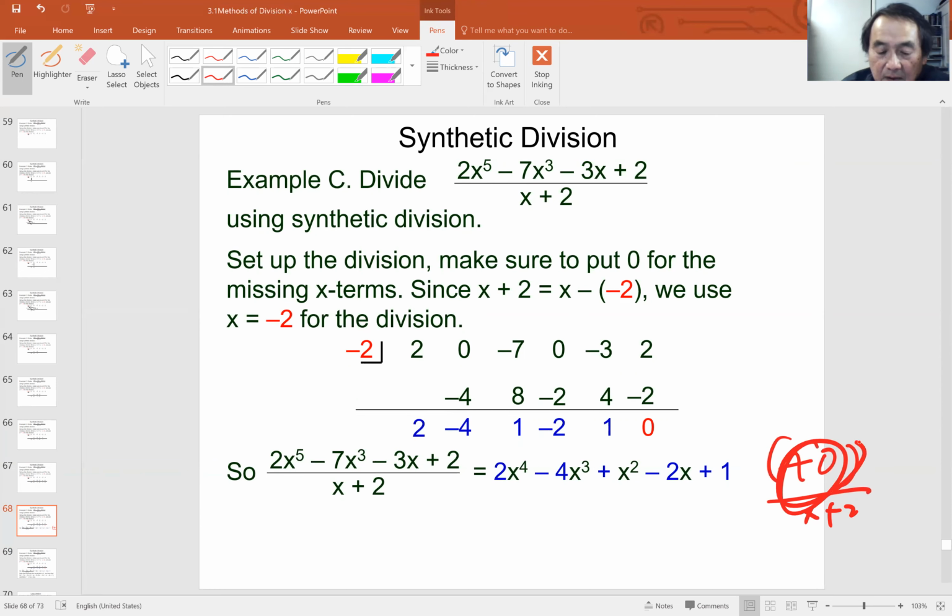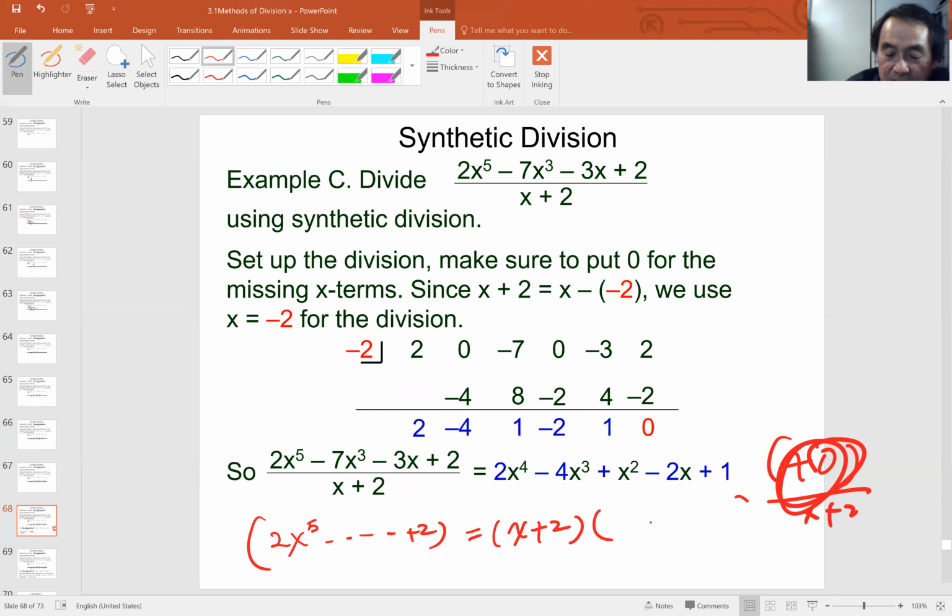That remainder is 0, so I don't need it. In other words, if you get a remainder of 0, this polynomial is x plus 2 times all these quotients. In other words, x plus 2 will be a factor.